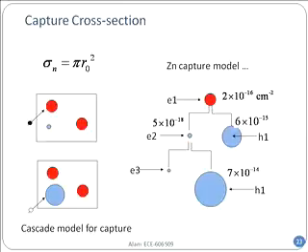And this has a name, called the Cascade Model for Capture. It was first done in 1968 or so, and the person who did it, Lax, I actually worked with him for a few years when I was at Bell Labs. Beautiful, beautiful theory, actually. I cannot do that here. It's an introductory course, but in some other course maybe.